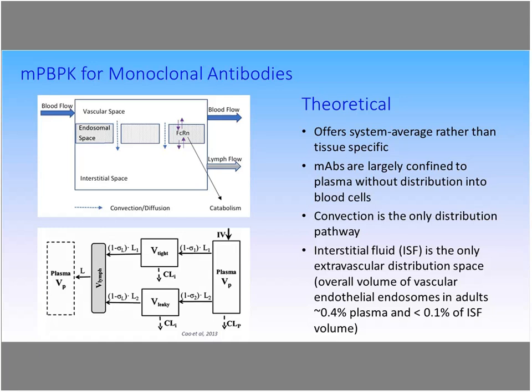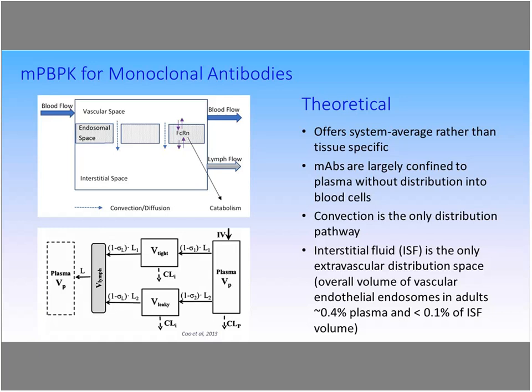The mAbs can escape the vascular space by both diffusion and convection into the interstitial space and get out to lymph. Based on the published research, transcapillary escape rate is primarily driven by convective transport. So this model considers convection the only distribution pathway.